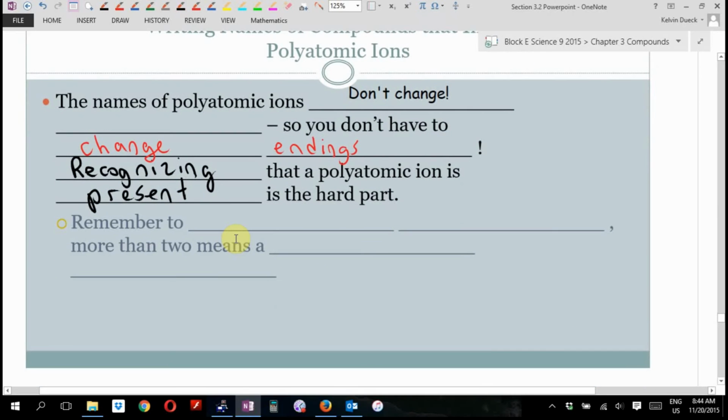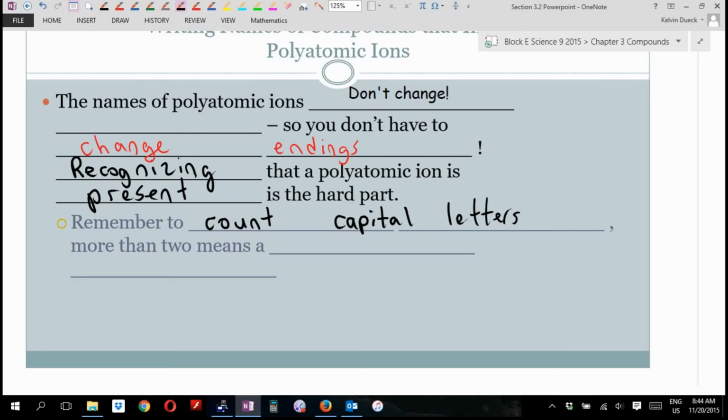So, remember, count capital letters. More than 2, you're dealing with something polyatomic. Only 2, that means you've got one metal and one non-metal, and it's ionic. So more than 2 means a polyatomic ion.